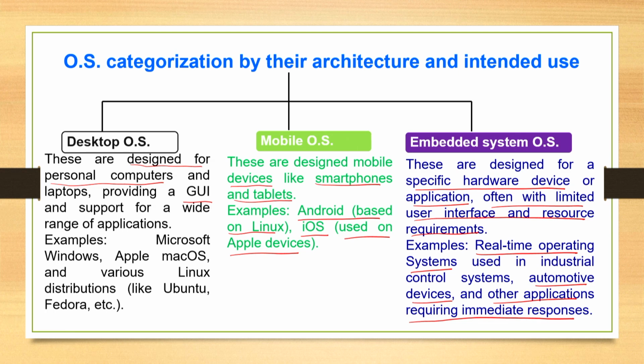These are the examples of embedded system operating systems. So that depends upon what type of devices we are using. For desktop, we have Microsoft Windows, Linux, Unix. For mobile devices, we have Android and iOS. For embedded systems, we have real-time operating systems.